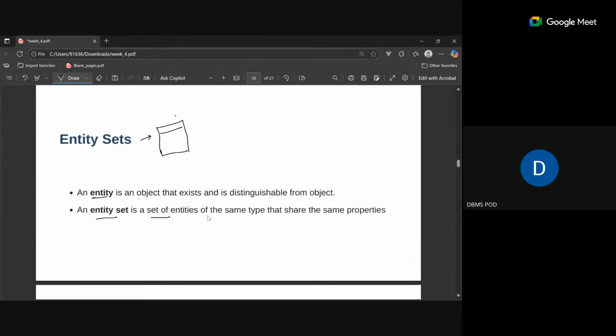It's the set of entities that share the same type, because each row you can consider as an entity, and all the entities in the set share the same type of data. The data might vary, but all will be in the same data type. So an entity set you can just think of as a table.